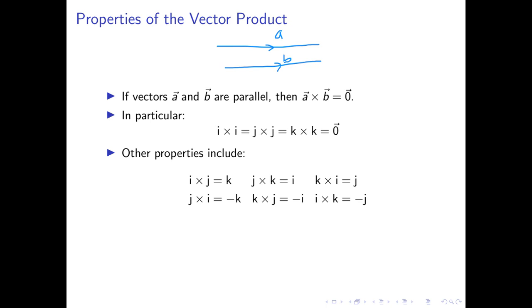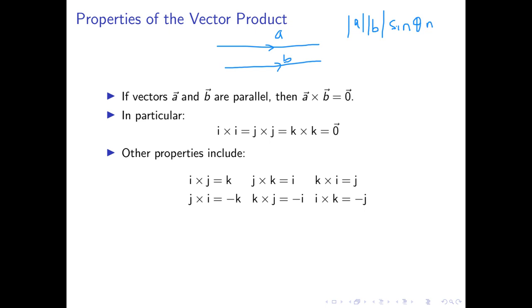You can also prove it using the formula above. If you have A, that's the magnitude of A multiplied by the magnitude of B sine theta times n, which is the unit vector.